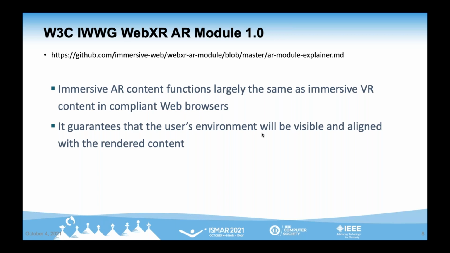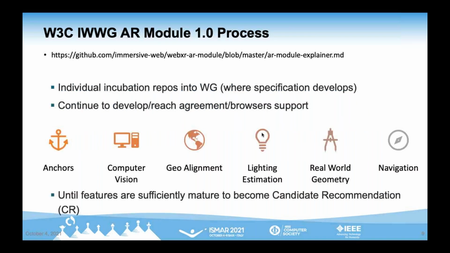The main difference is it guarantees that the user's environment is visible and that the content is digitally registered, that it's being rendered in real time and registered with the physical world. Now, in the AR Module 1.0, there are these different sub-modules or activities.